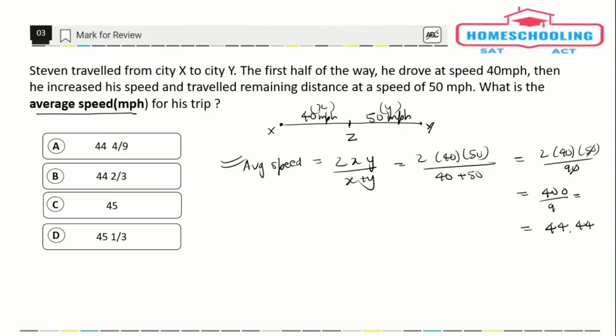So this is in your decimal form and this is your mixed fraction, 44 and 4 by 9. So 44 is constant and we divide 4 by 9, which comes to 0.4444. So this is going to be the answer.